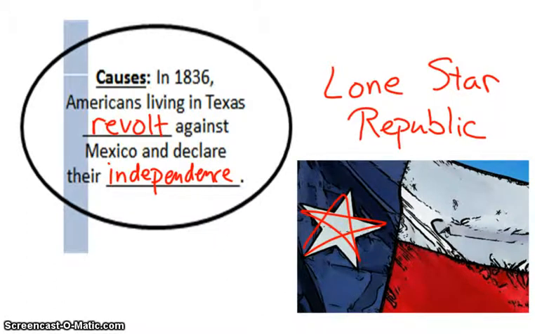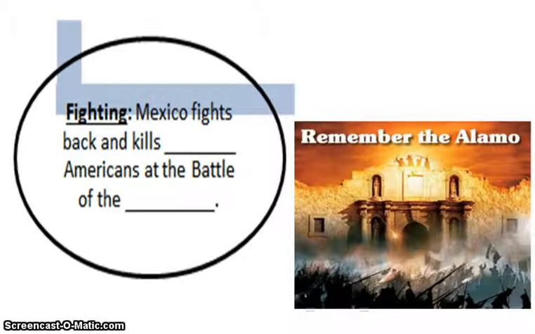As you might imagine, Mexico does not really like this too much, so they send in the army, and the first big fighting takes place at an old church called the Alamo. The Americans barricade themselves inside and refuse to come out.